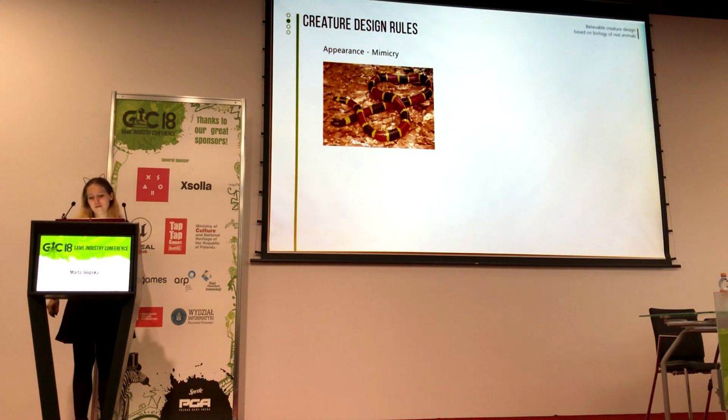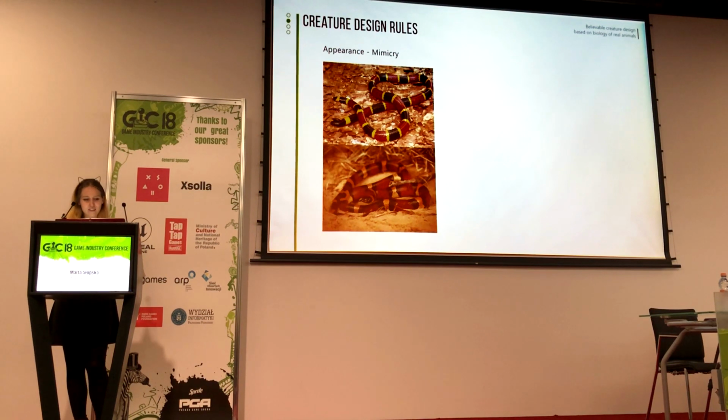Now another kind of appearance trick is mimicry, and it means that the animal tries to look more dangerous than it is. In this picture, we have a Texas coral snake, and it's very dangerous and very poisonous. And the second one is a Mexican milk snake, and it's totally not harmful, but it looks almost exactly like the first one.